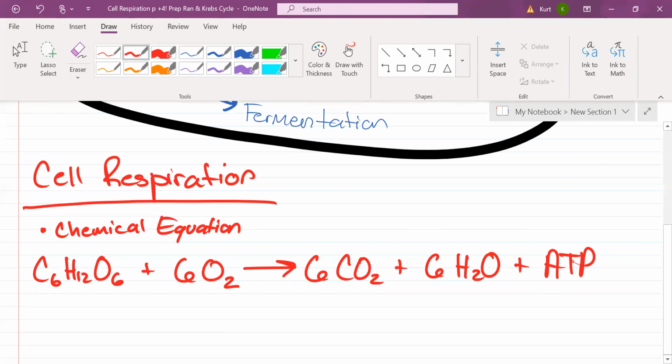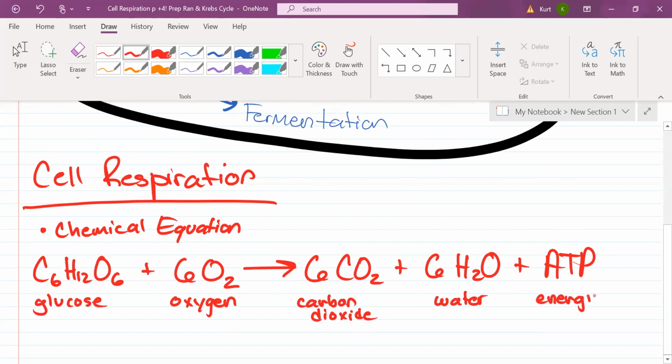What is C6H12O6? That's glucose, of course. How about O2? CO2? And H2O? And what is ATP used as? Adenosine triphosphate is energy.